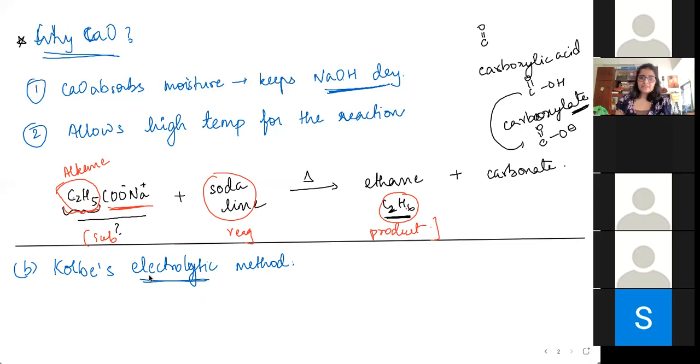Because it is electrolysis, you need to start off with an ionic compound so that there is conduction. You take a sodium or potassium salt of carboxylic acid and mix it in water, of course. You take a solution of it, then pass electricity.